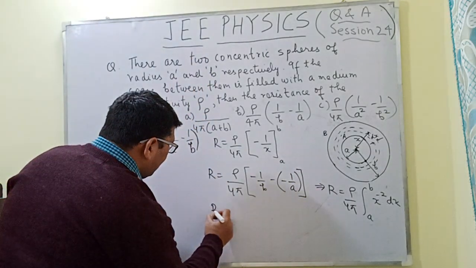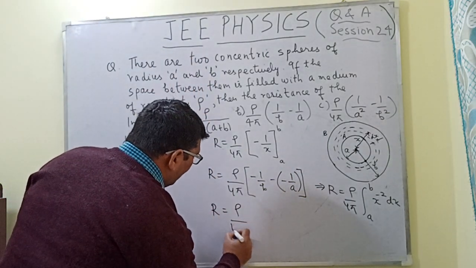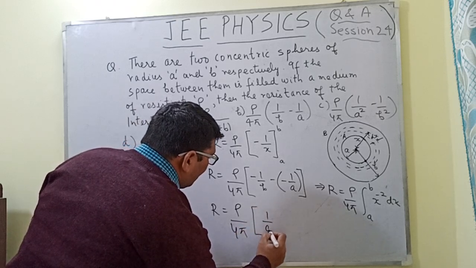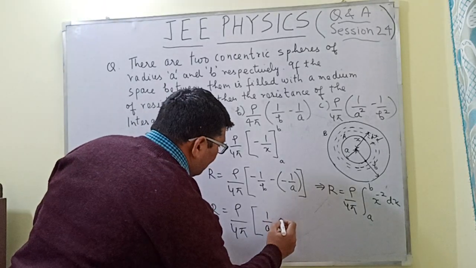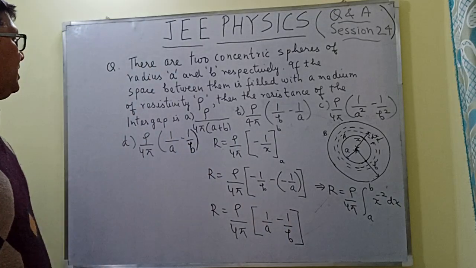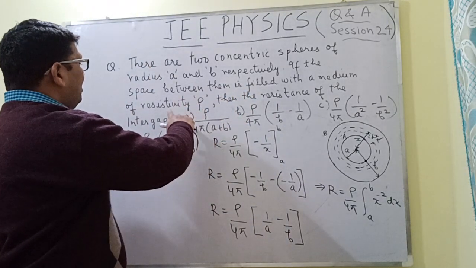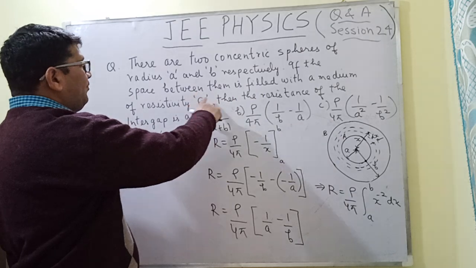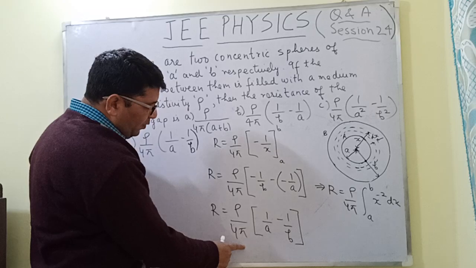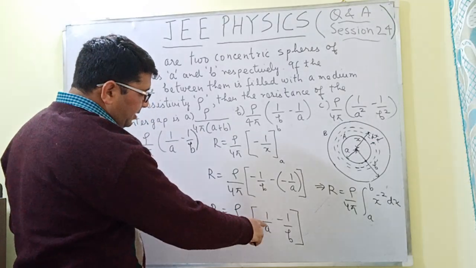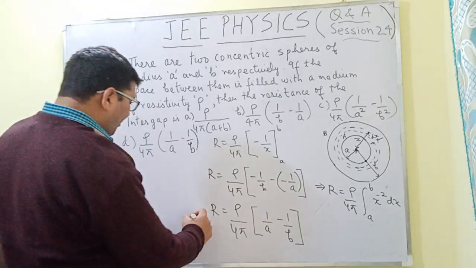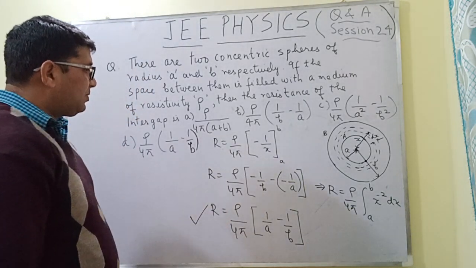So R is equal to rho upon 4 pi times 1 upon a minus 1 upon b. So the resistance of this intergap will be equal to rho divided by 4 pi, in bracket 1 divided by a minus 1 divided by b. So this is how we have to solve this question.